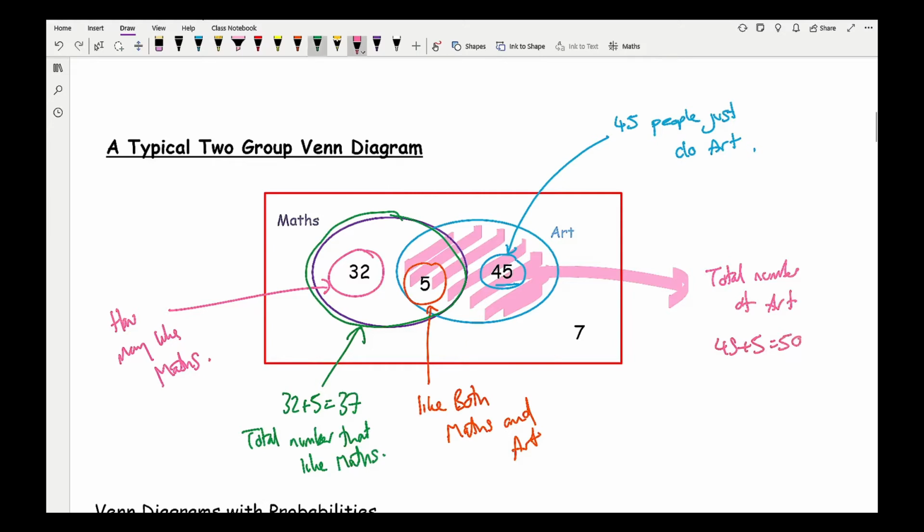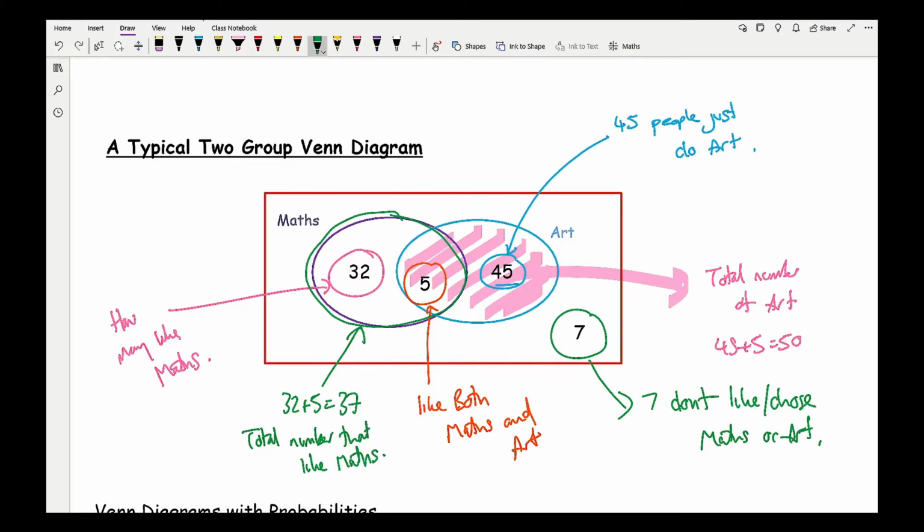We've also got a number that lies outside any of the circles, any of the groups, which is this number here, 7. So 7 didn't choose maths or art.